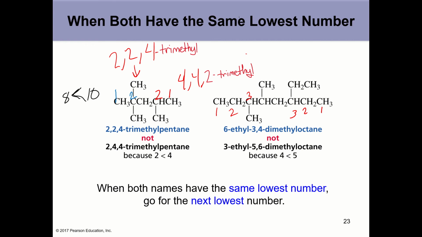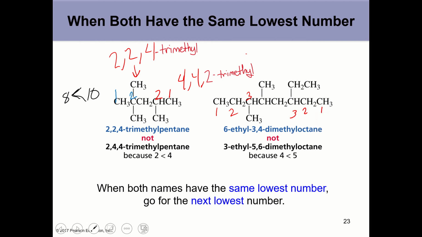In example 2, we have that whether we number from left to right or right to left, the first branch is at carbon 3.